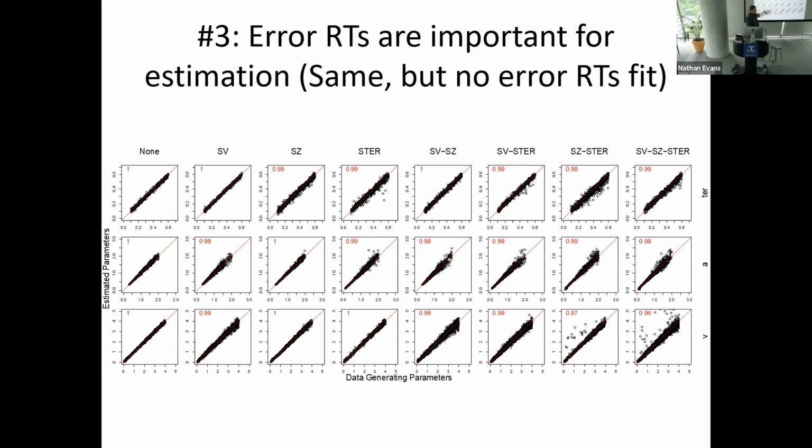There's also the issue you could bring up that this model's wrong, so will the wrongness of it screw things up? I think that's another question, adding in more contaminants, to see how far you can really push this. But for me, the other aspect is, as you said before, it would be good to understand better what aspects of the correct response time distribution are really heavily informing SV as such.